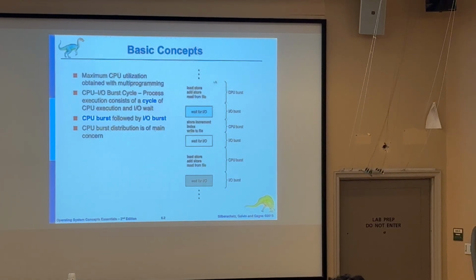So it has some part of the execution that is a CPU burst, which means that it's using the CPU to do some computation, or load store, add store, read from file. When this read from file is invoked, it does not do CPU computation anymore because it needs to wait for this I/O to finish.